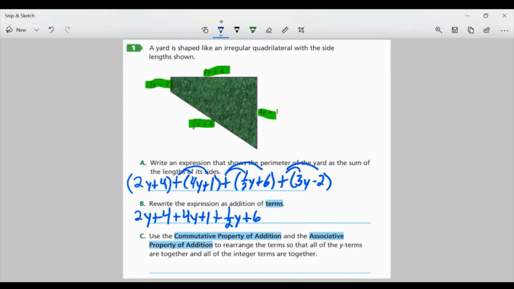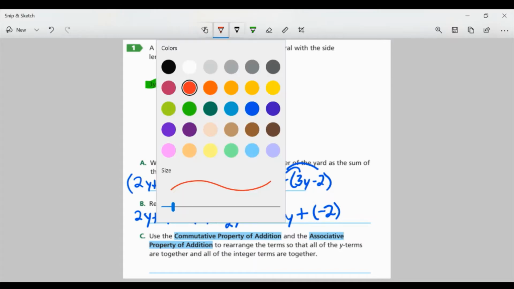Plus 3y, and plus a negative 2. You can write it this way, or since a positive times a negative is negative, you could write it as minus 2 on the end if you choose.